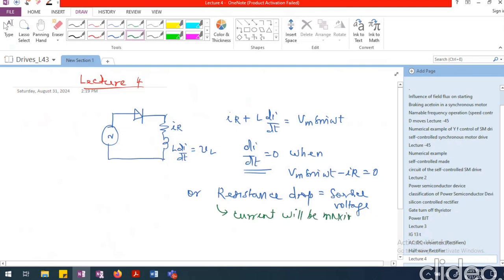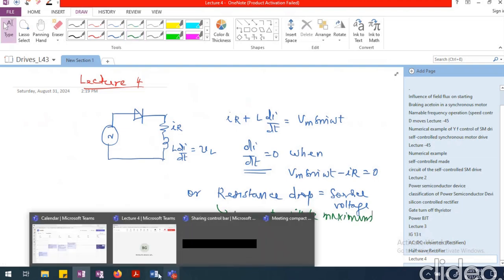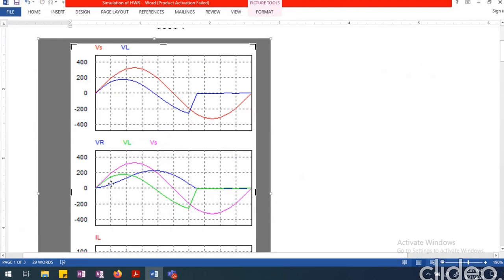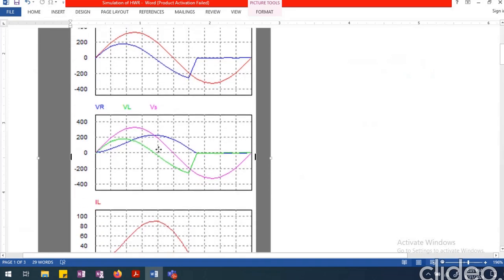Let us take a look at that in the waveform that we have shown. In this particular case, you can see this is the resistance voltage and this is the source voltage. These two meet at this point, and that is the point at which the current is peaking.